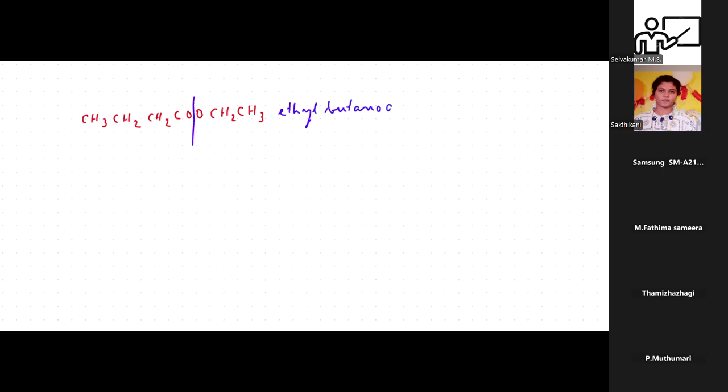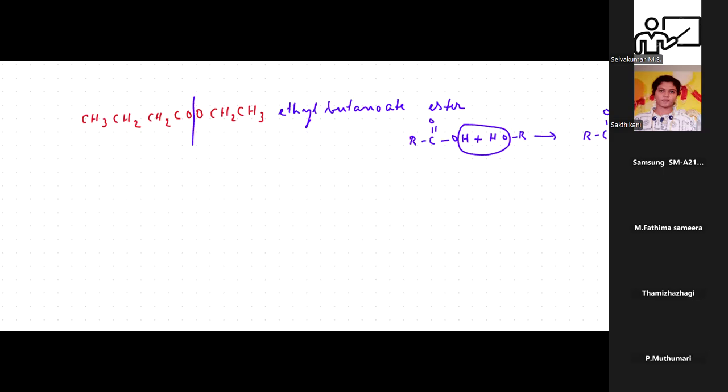This is an ester. I suppose you know what is an ester. What is an ester? A carboxylic acid plus alcohol. When you remove one molecule of water, it becomes an ester. In ester, that part which comes from the alcohol becomes alkyl.